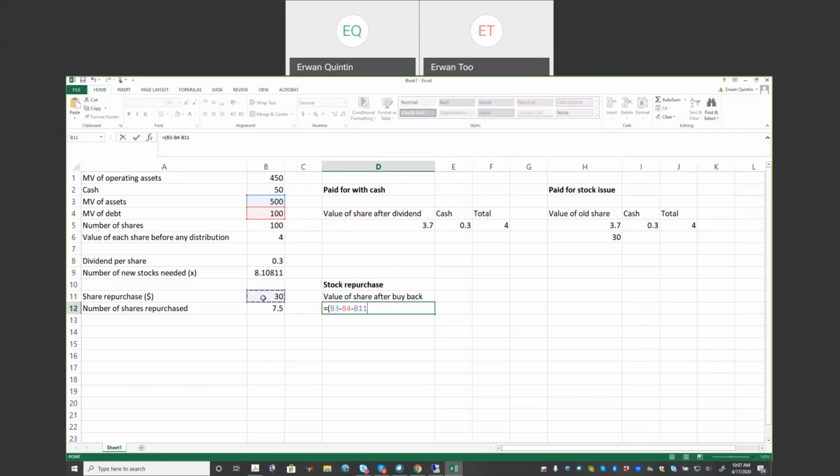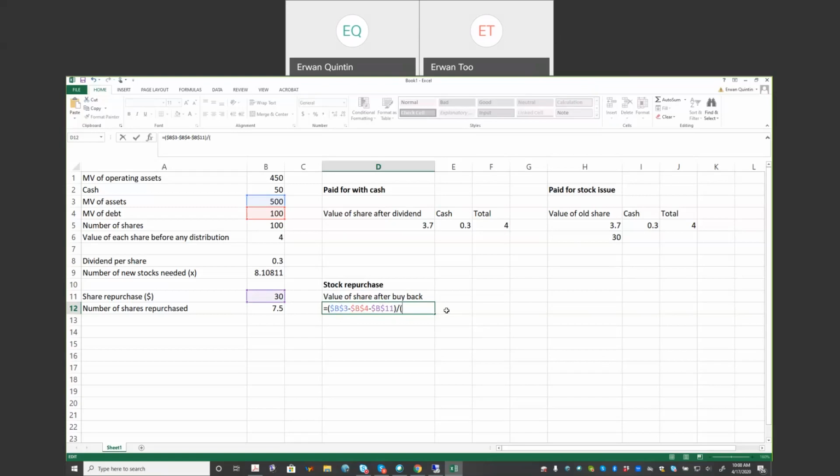Maybe it comes from my cash, maybe I have to sell some operating asset, but that's going to deplete my assets. If I, as a corporation, use $30 that I have somehow to do a buyback, this is $30 that are no longer part of my assets. And by the way, again, I should have some F4s here, certainly.